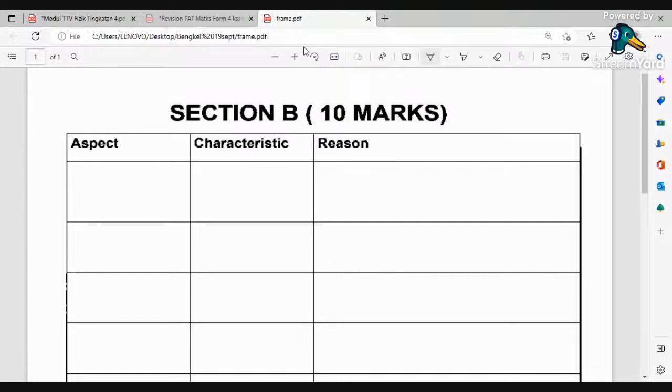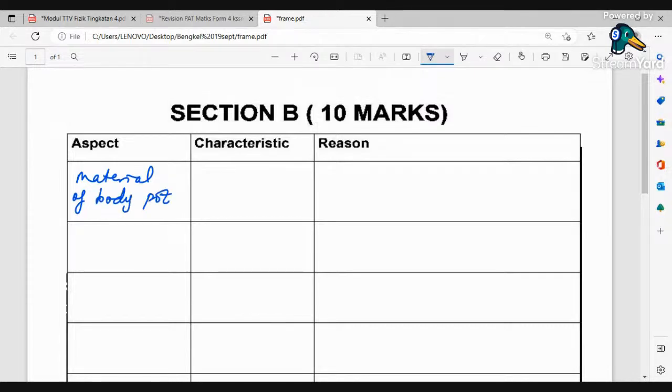Material. Tulis semua aspek dulu. Number 1, material of body of pot.